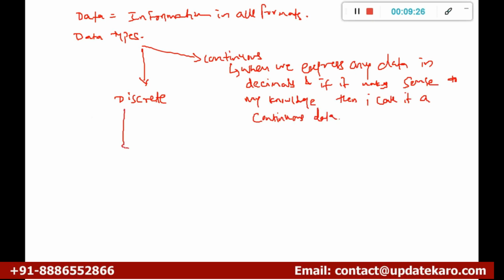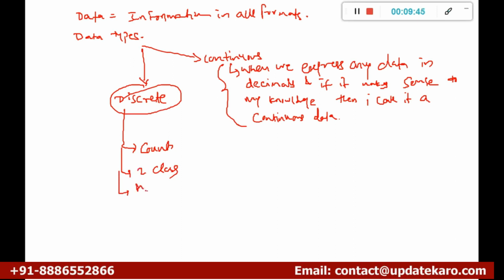All other than this is always going to be discrete, but within discrete there are three categories. One is discrete count, two class, multi-class.